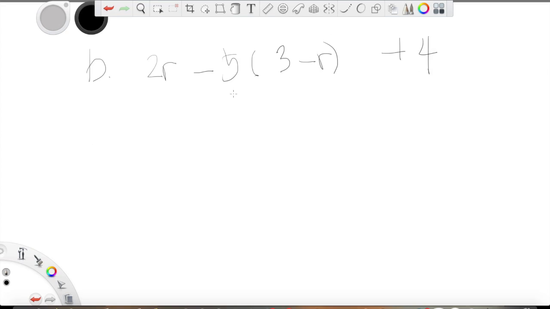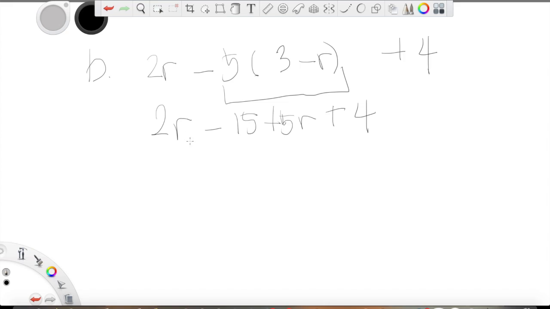First of all, we use the distributive law, so we simplify this one first. 2r minus 15, because negative times positive is negative. Negative 5 times negative r is positive 5r. And just copy 4.